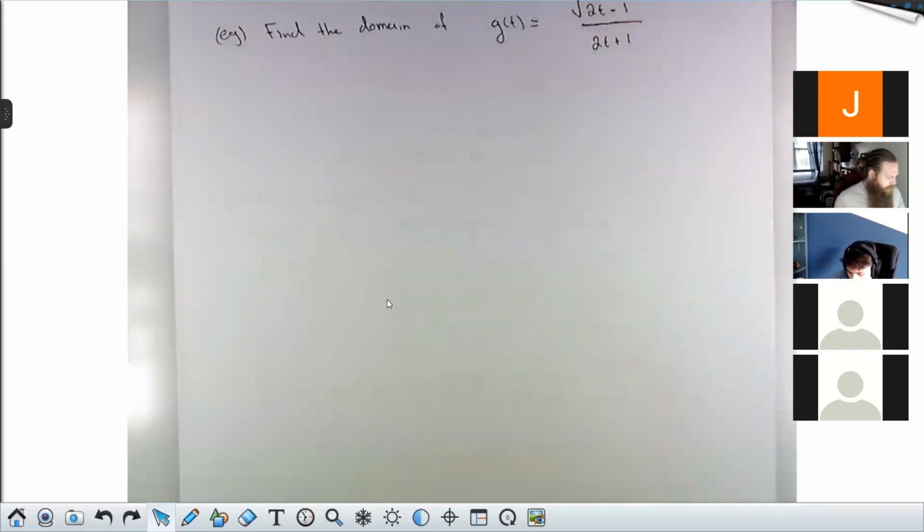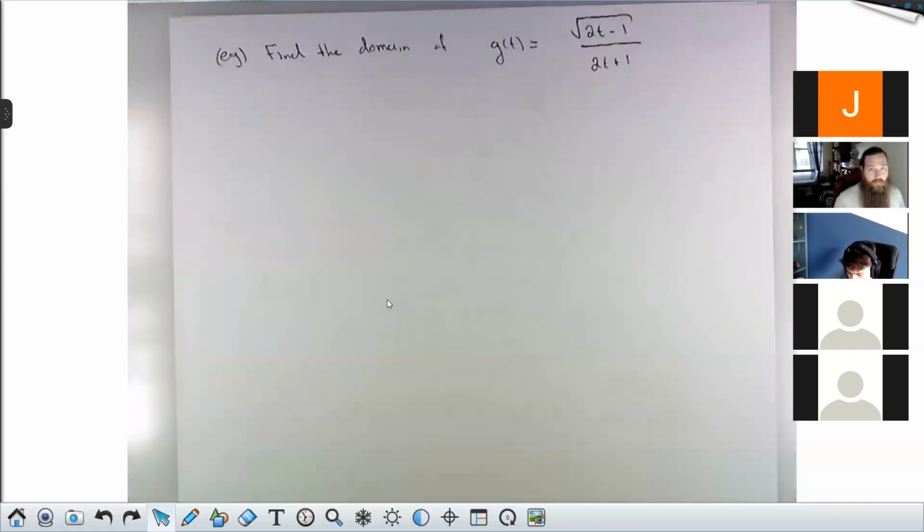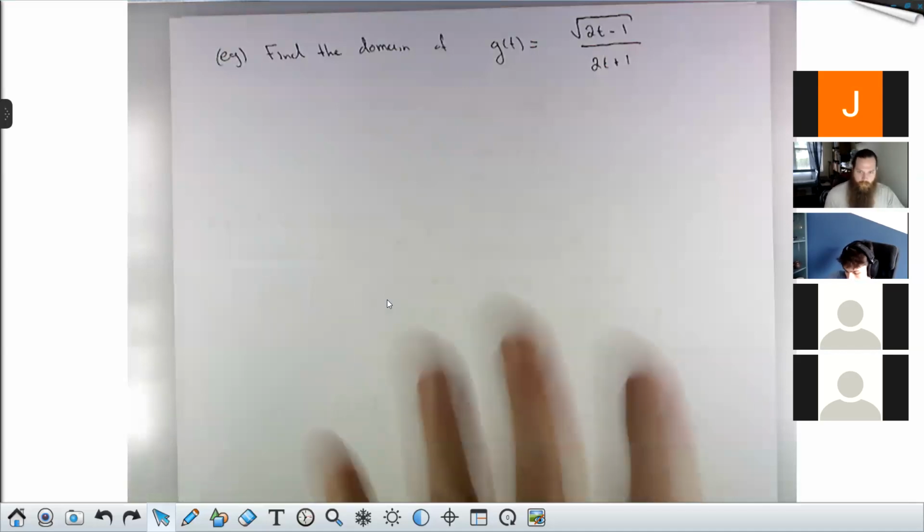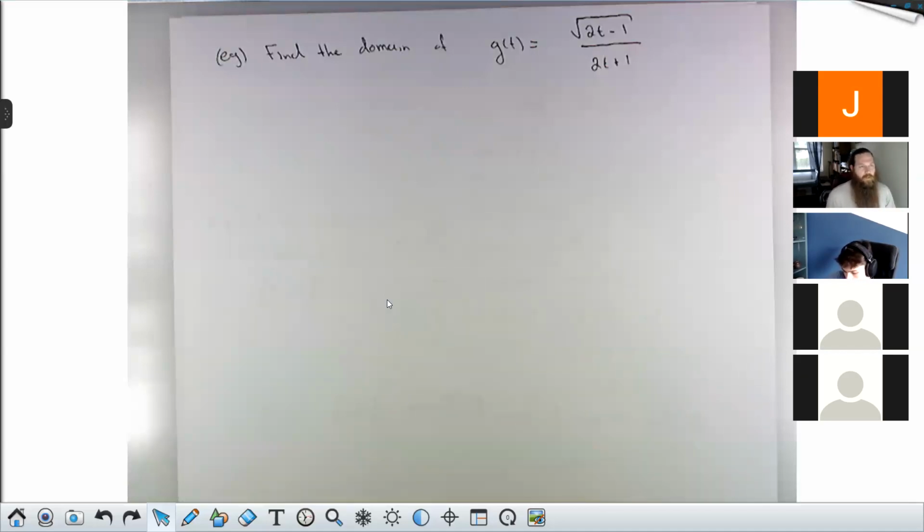Here I would like to find the domain of the function g of t equals the square root of 2t minus 1 divided by 2t plus 1. I see there's another question in chat, so after giving a second for people to write this down, I'm going to go back and address Jalen's question there in chat.